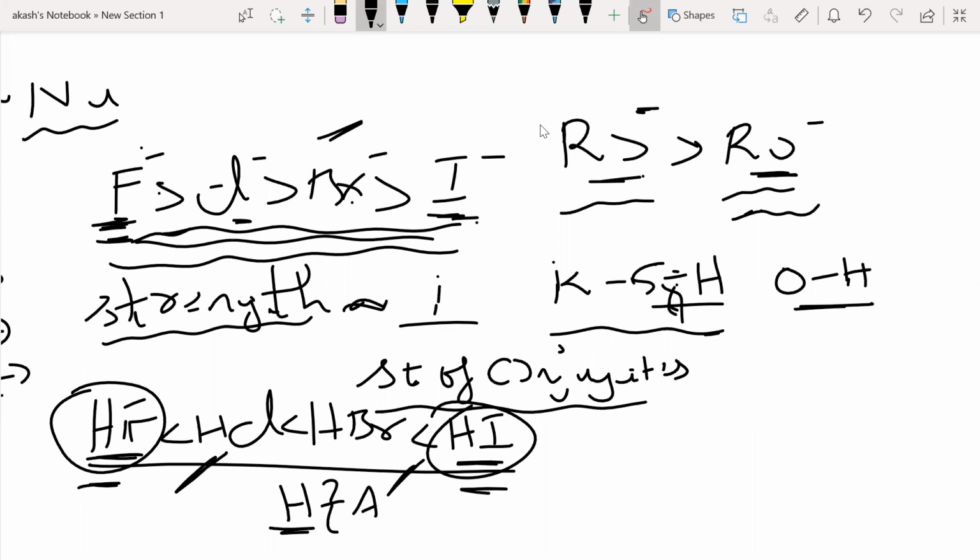Anybody wants to give me a reason? Why does it happen like this? Sir, something about the size of the atom? Yeah, indirectly, yes. But I want something specific. Any other answers?